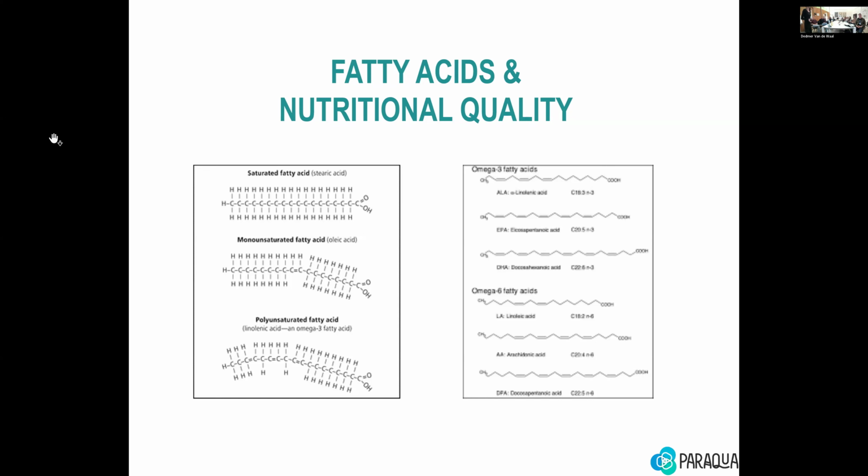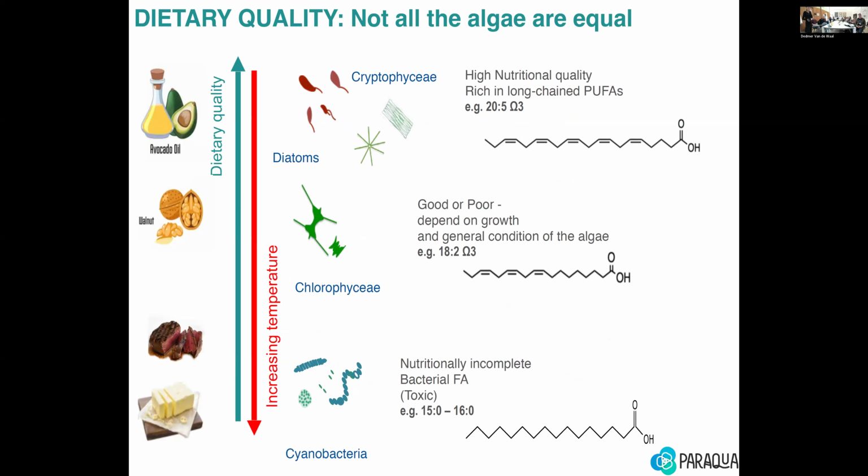And what I want to add as information here is that not all the algae are equal. Not all the algae have the same nutritional quality. So we have a gradient, and this gradient goes in the opposite way to the increase of temperature.